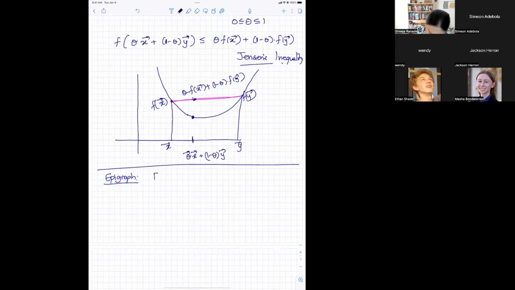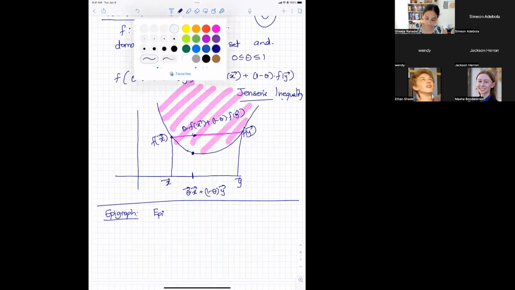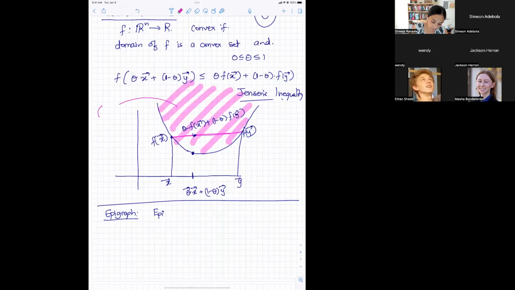I'm going to define the epigraph of f as the set of all the points that are above the function. So for this particular function here, the epigraph is all of this. Okay, that's the epigraph of f.